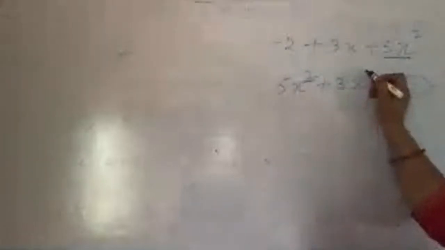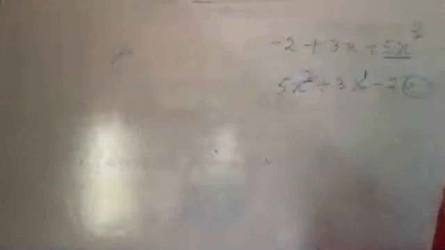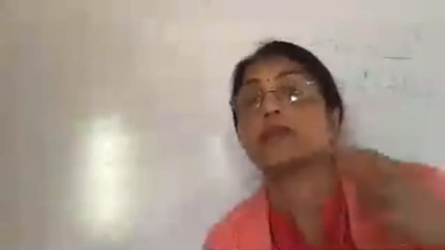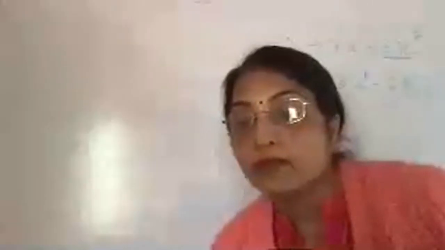If anything is not there, what is the variable, or there is no variable? Suppose here it is 2, here it is 1. What can I write? What is the degree? We can write here x to the power 0.